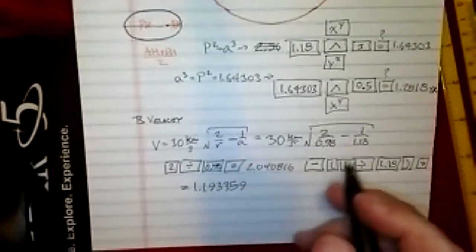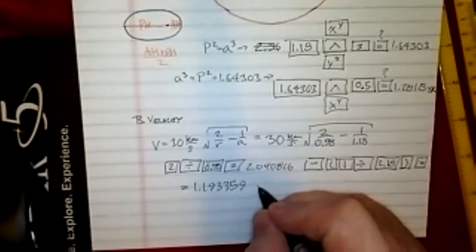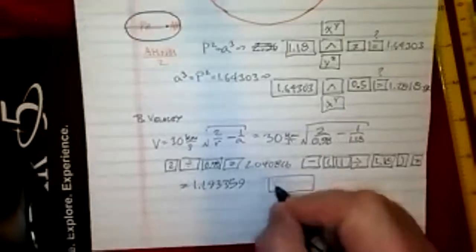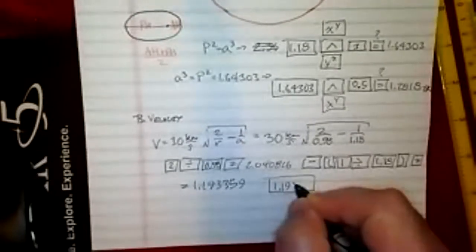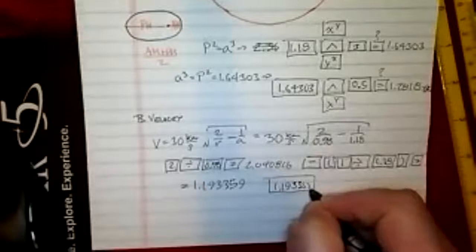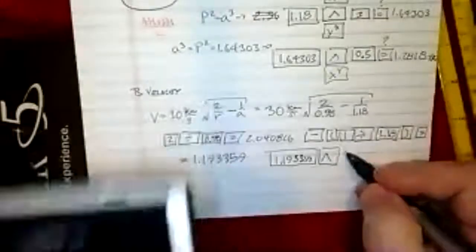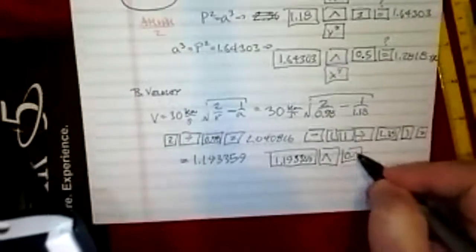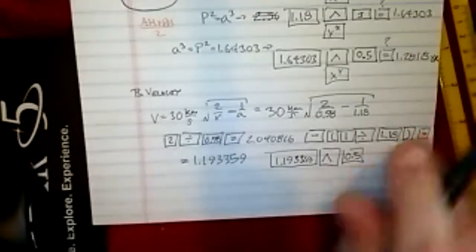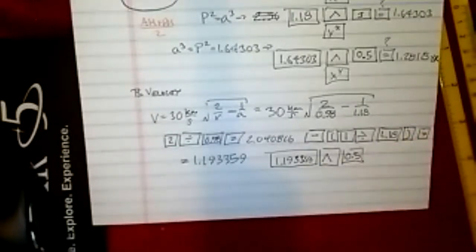So now I'm going to take that, and I'm going to take the square root of it. So I'll type in 1.193359, and I'm going to raise it again using one of those 3 buttons that we talked about. I'm going to raise it to the 1/2 power because that's the square root.